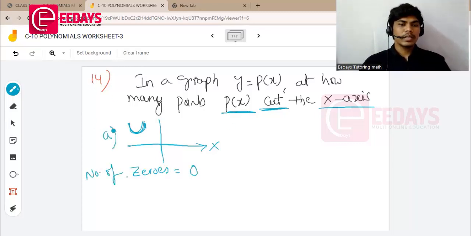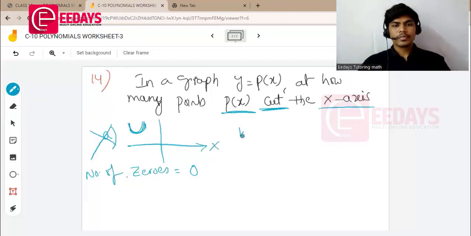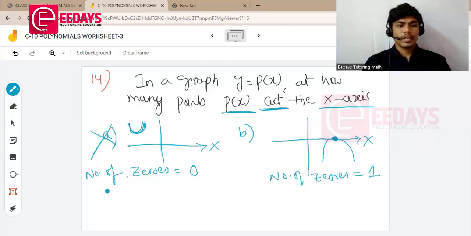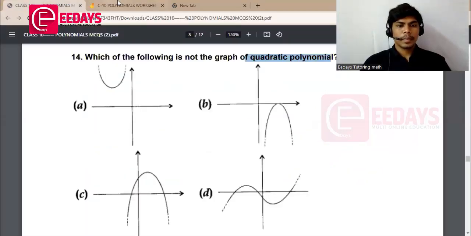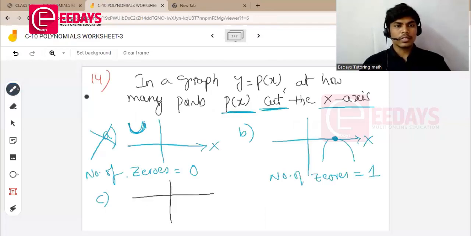Similarly, this is option A. That's why it is eliminated. And option B, the graph is given like this. It is meeting the x-axis at this point. The number of zeros is 1. Option C, we can draw the graph like this.